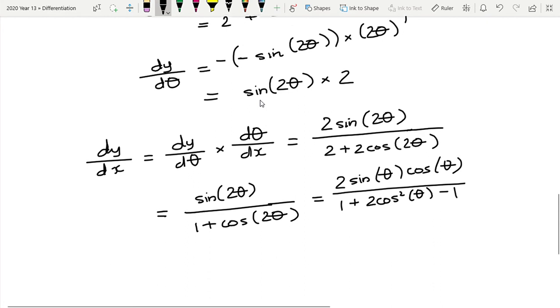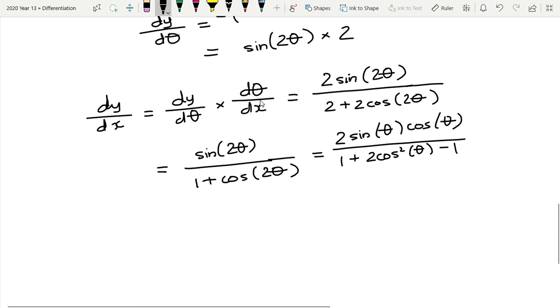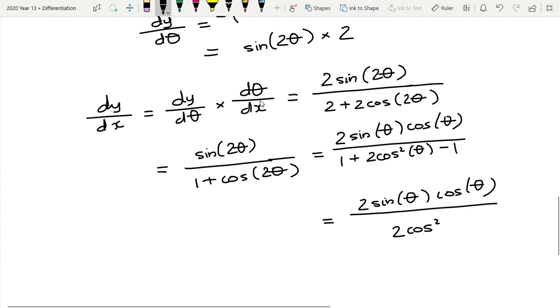If I continue to simplify, I have 2 sine theta cos theta divided by 2 cos squared theta. Very nice. Now I can cancel out a 2, and I can cancel out a cos as well, which is very handy.